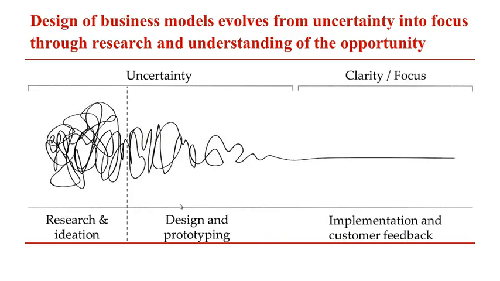And in time, once we've tested our assumptions, once we begin to validate and get feedback from customers and others, we're in an implementation phase with some degree of clarity and focus.